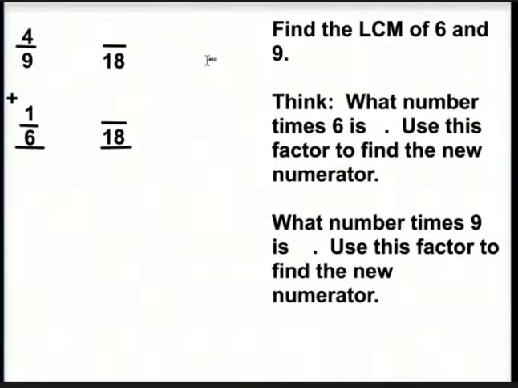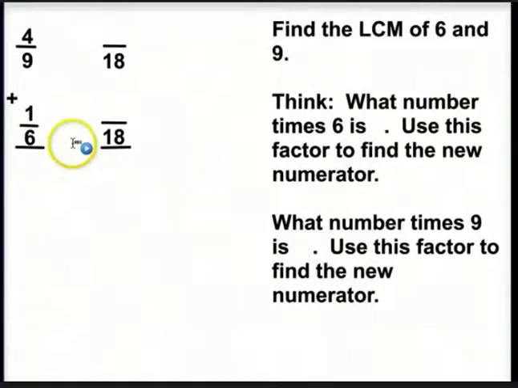Okay? So now, I want you to pause the video while you find the factor that you're going to multiply your numerator and denominator by to make your equivalent fractions. And then when you're ready, come back in.